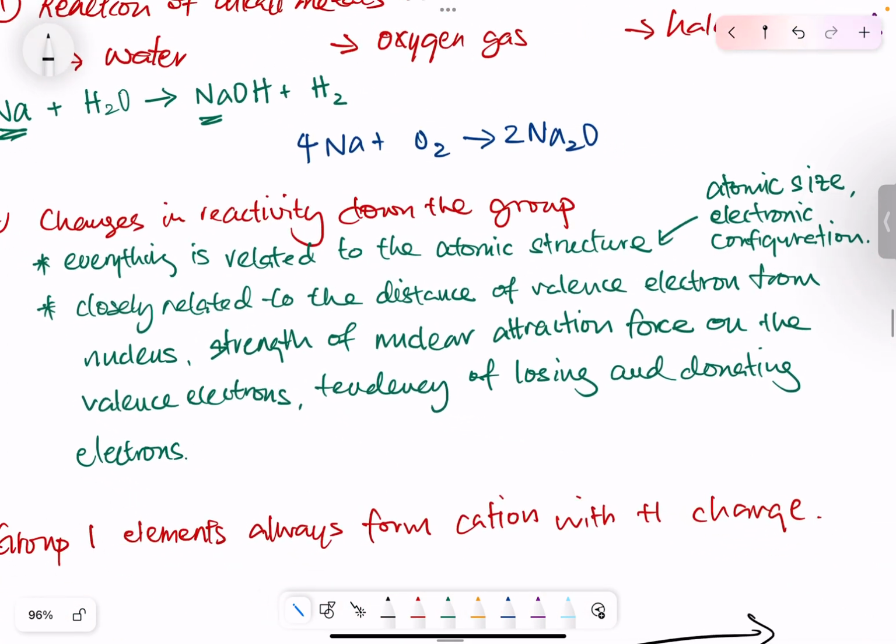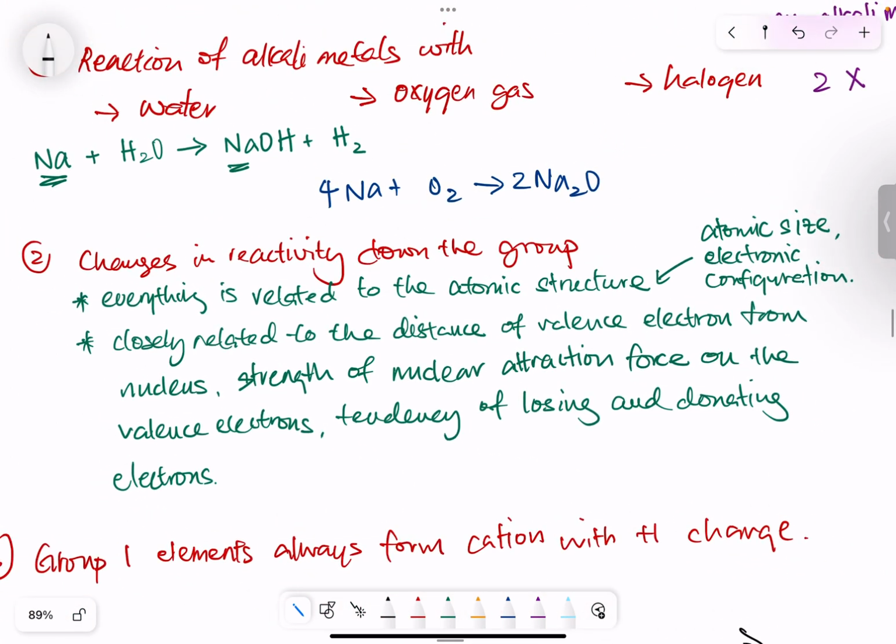Now, the next interesting thing to study about the chemical properties of group 1 is that the reactivity changes down the group. Do remember, all the chemical properties are closely related to the valence electrons.